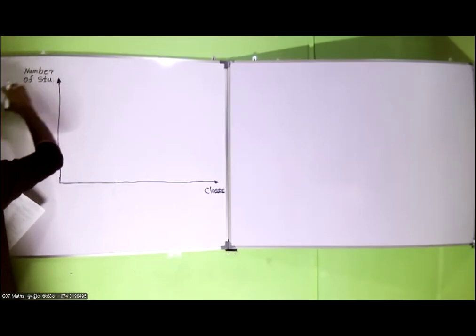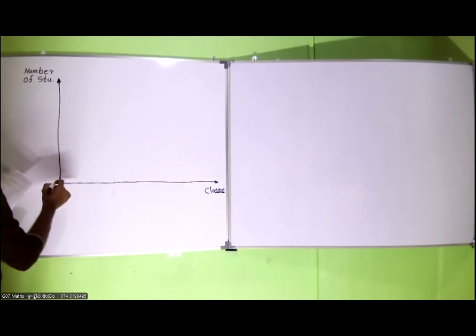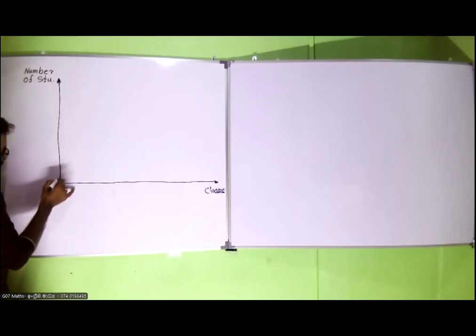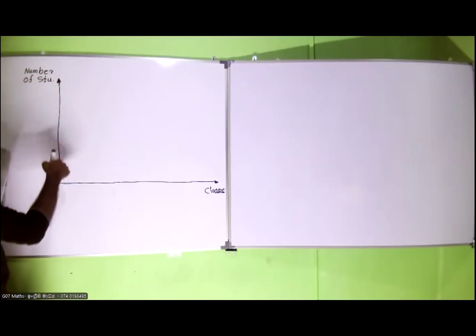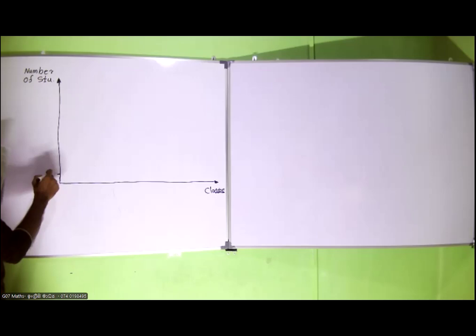Now the minimum number is 5, so I will begin from here. I need to divide my y-axis, that means the number of students axis, into equal parts up to 40.